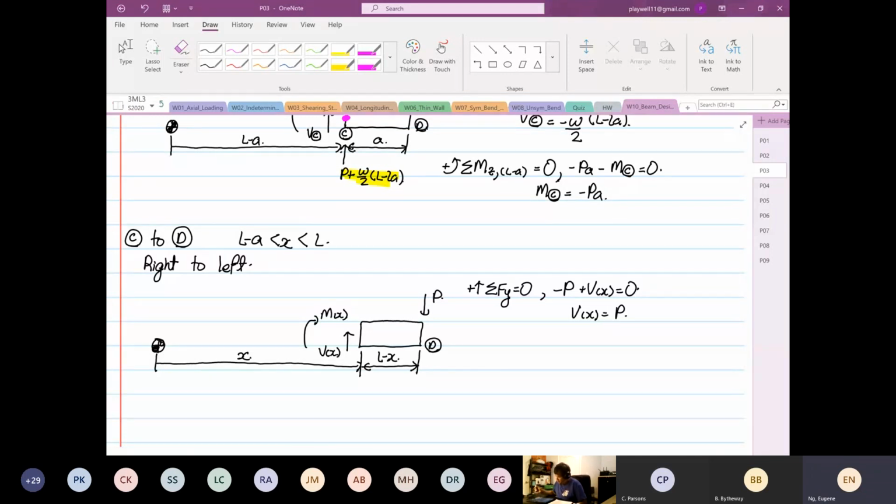Then we take moment, summation of moment in the z direction along the variable x. We are taking our moment at the pink dot I'm drawing now. This will be going in a clockwise direction.